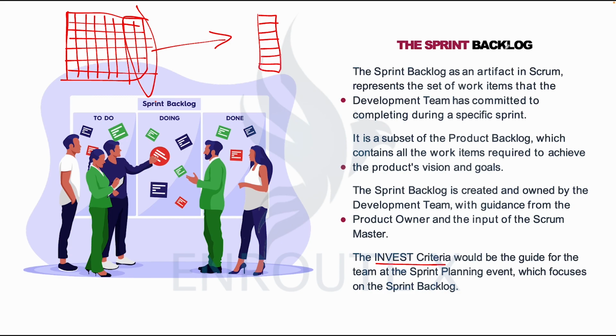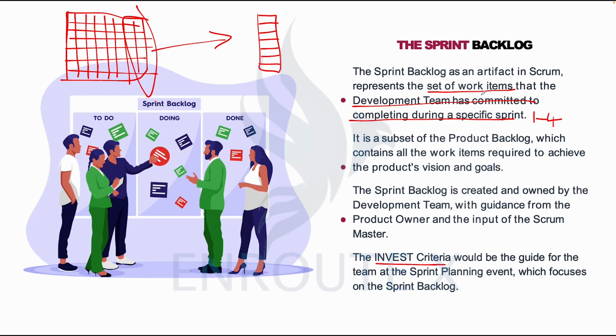So the sprint backlog as an artifact in Scrum represents the set of work items that the development team has committed to completing during a specific sprint. We know that the sprint cycle is between 1 to 4 weeks.